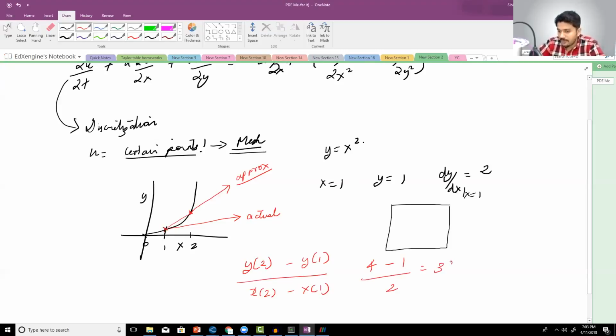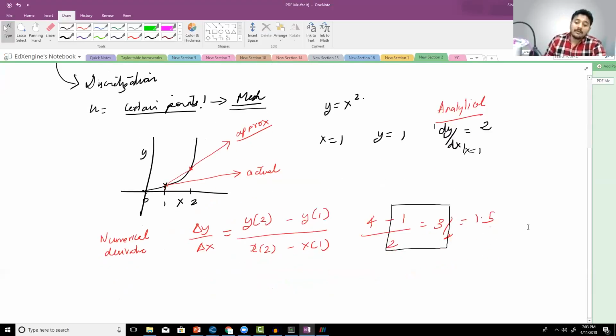So that's 3 by 2, which is 1.5. So delta y by delta x is 1.5, which is wrong, whereas the actual derivative is 2, right? So this is what you call the numerical derivative, and this is called the analytical derivative.